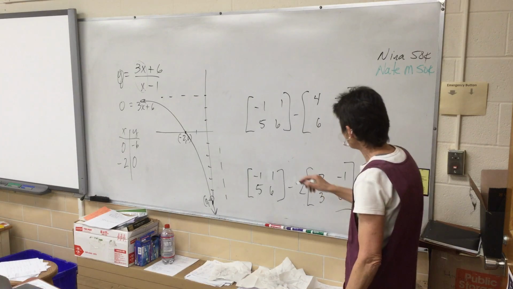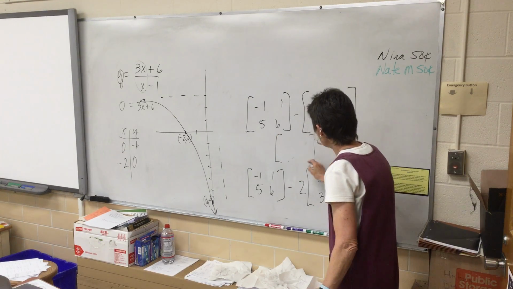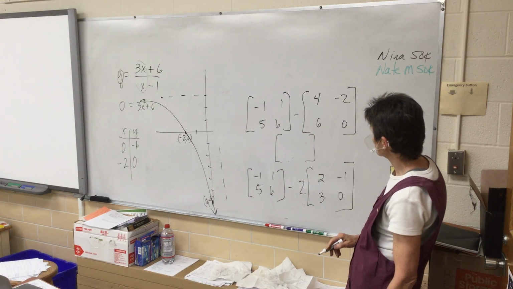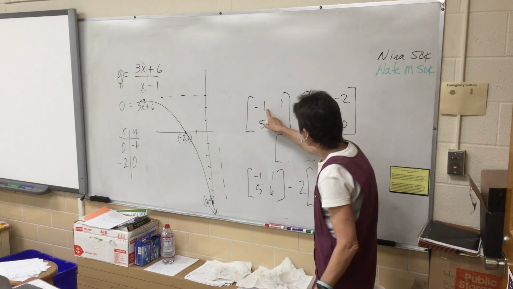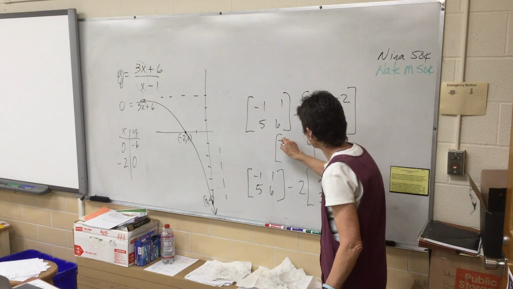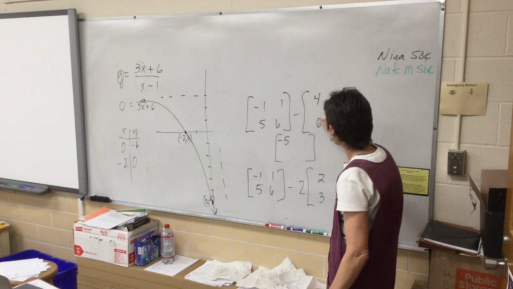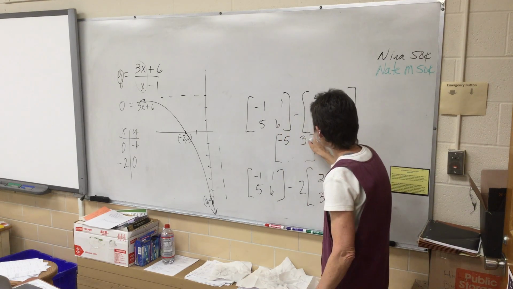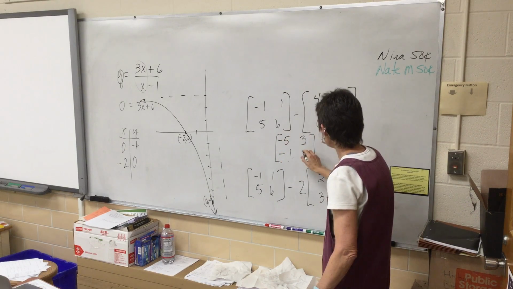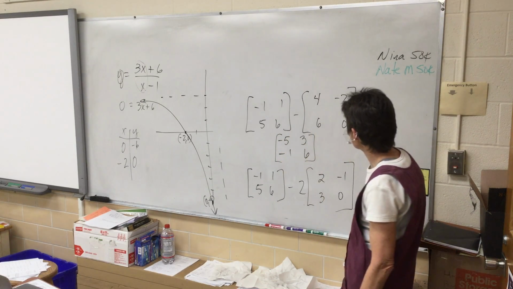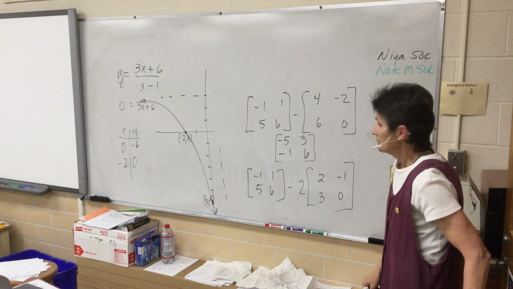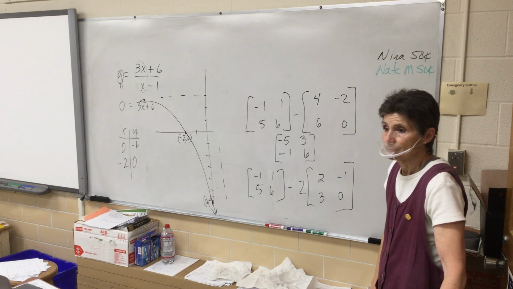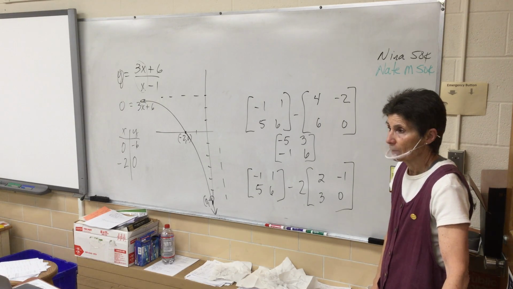Now I'll subtract. I'm gonna get a matrix that's the same size as the 2 I'm subtracting. -1 minus 4, 1 minus -2, 5 minus 6, and 6 minus 0. Did I do my subtraction right? That would be it.